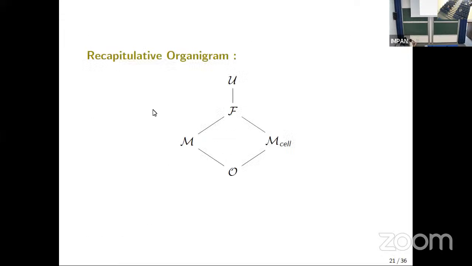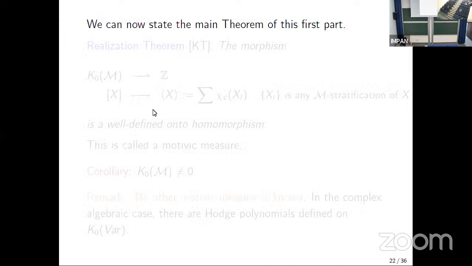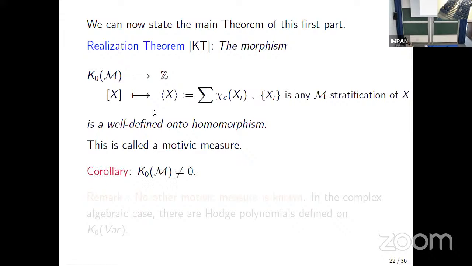Okay, so here's the organigram. We started with all locally compact stratified ones, then all locally compact finite type ones, then the ones that are stratified by cells. Then you have the o-minimal structures, and this is the one I'm now looking at. And on this you have this result.